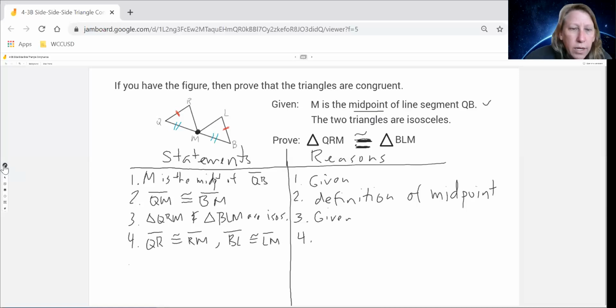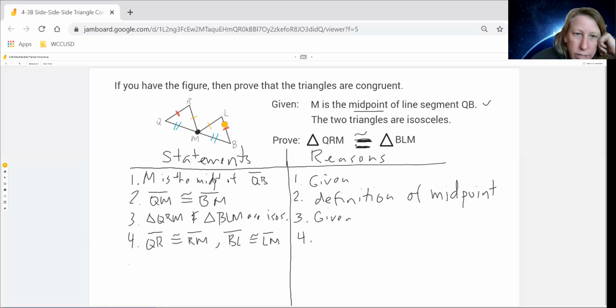Okay, I'm going to mark that with a different color. I'll use this yellow here. So line segment QR gets the same mark as line segment RM. It already had 1, so I have to use 1 here as well. And line segment BL gets the same mark as line segment LM. So I have 1 there.